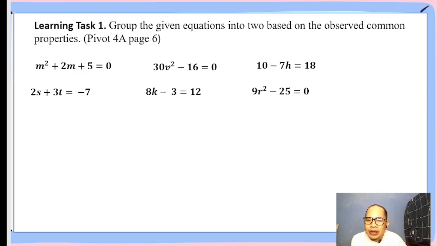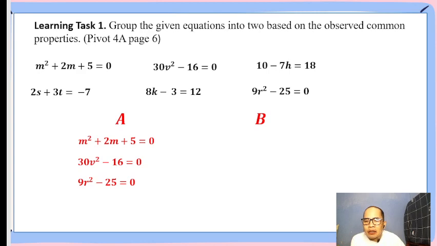Okay, so very good. So, the exponent of the variable is 2, or the highest exponent of the variable is 2. So, let's say, we have group A and group B. So, yung mga unang equation na nabanggit natin, i-group natin as group A. So, we have here m squared plus 2m plus 5, then 30v squared minus 16 equals 0, then 9r squared minus 25 equals 0.